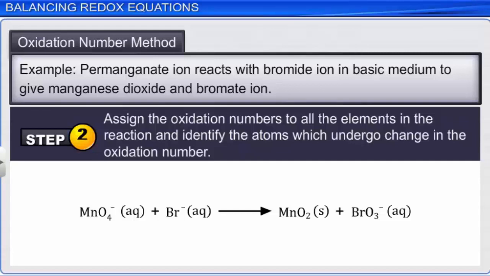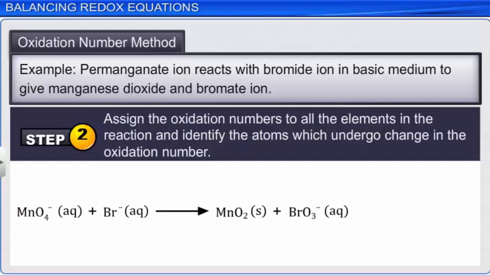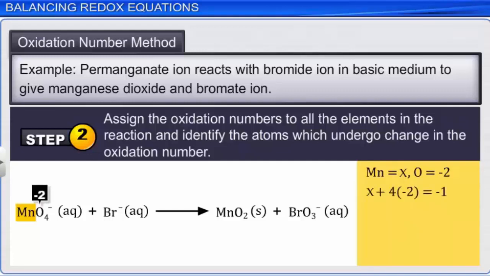Thus, the oxidation number of manganese in permanganate ion may be calculated as follows. Let the oxidation number of manganese be X. We know that the oxidation number of oxygen is -2. Hence, X plus 4 multiplied by -2 equals -1.